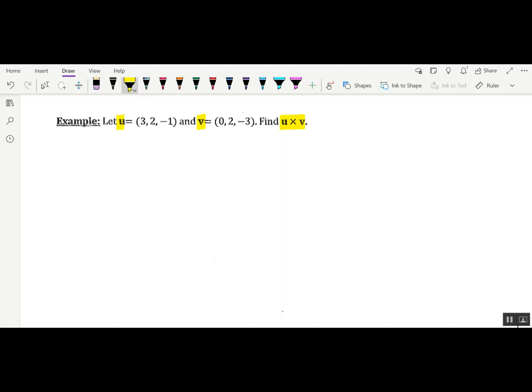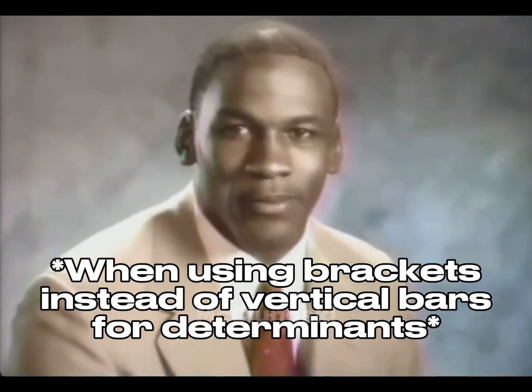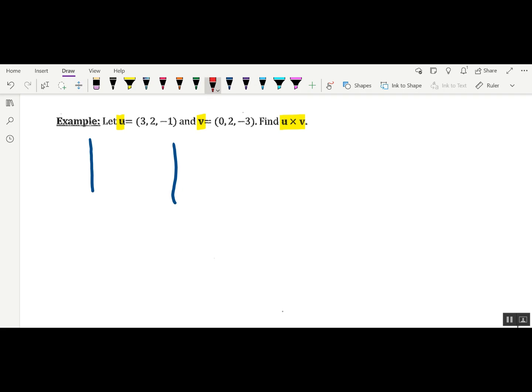Anyway, to set this up, let's form a 3x3 determinant. Remember, it's just the vertical bars, no brackets. In the first row, I'll put the vectors i, j, and k.